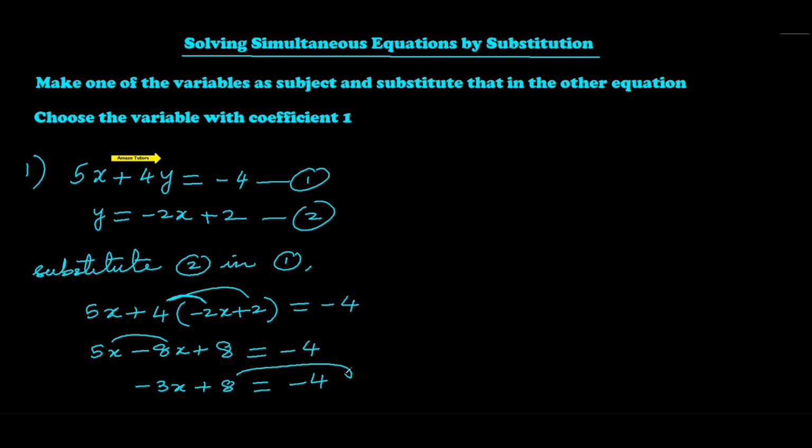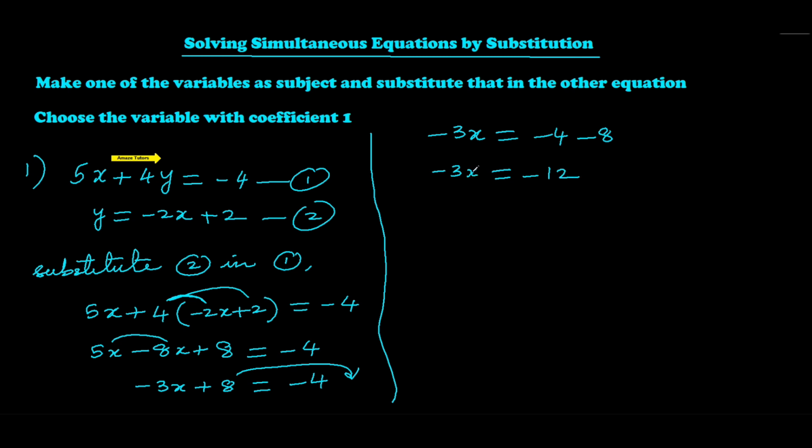Now bring the 8 to the other side, so that 8 will become minus 8. So minus 3x, minus 4 already there on the right. When you bring 8 to the other side, minus 8. Now simplify further. What is negative 4 and negative 8? Negative 12.